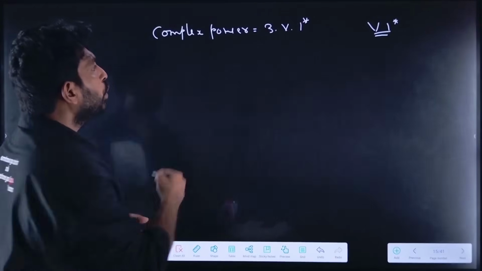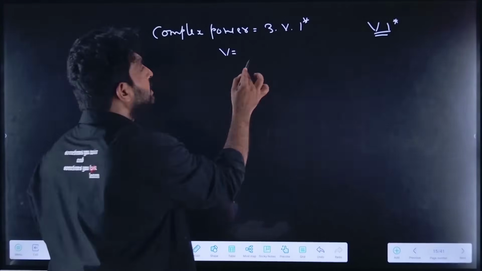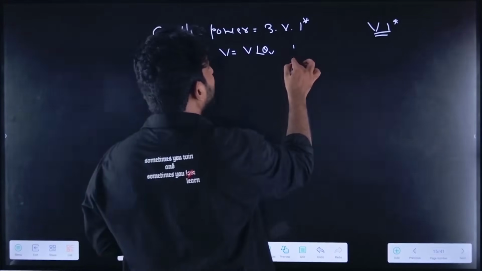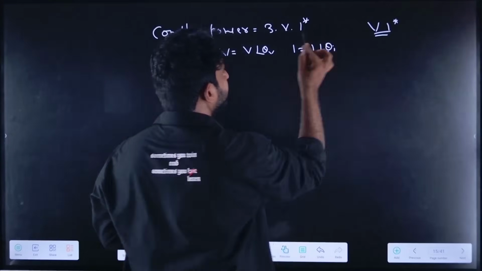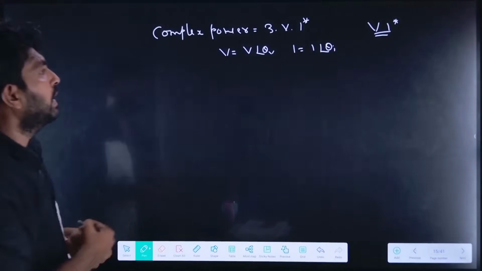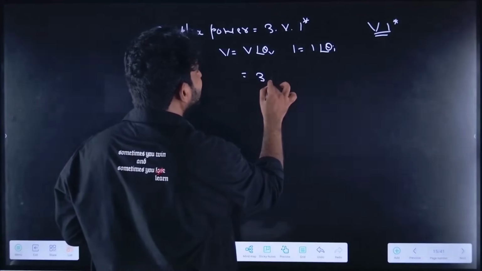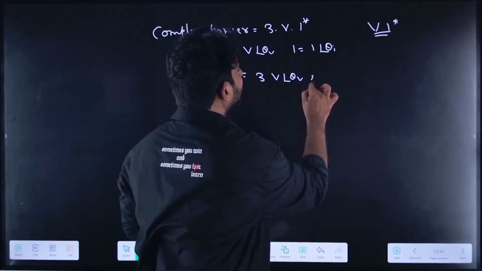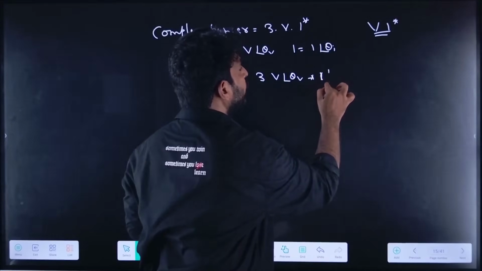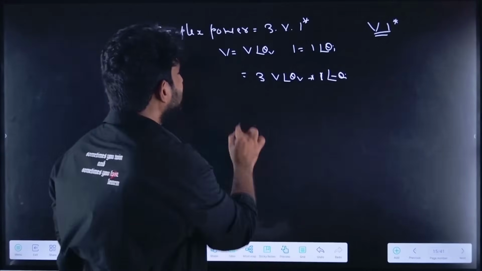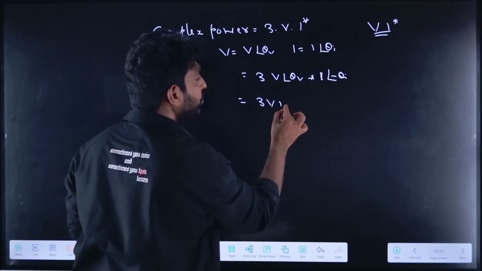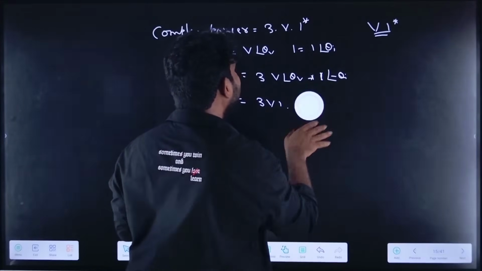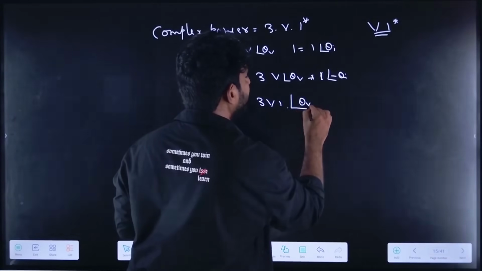Let us assume V at an angle theta V, and I at an angle theta I. Now if I apply that, 3 into V at an angle theta V into I at an angle of minus theta I, it is equal to 3 into VI into cos of theta V minus theta I.